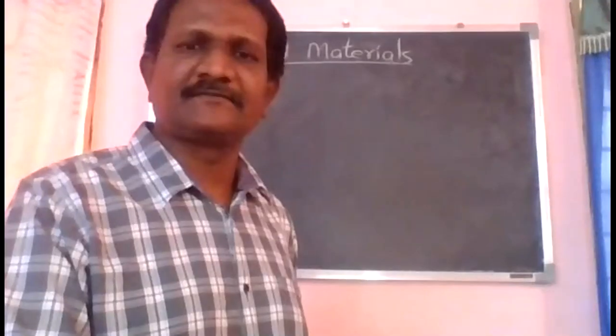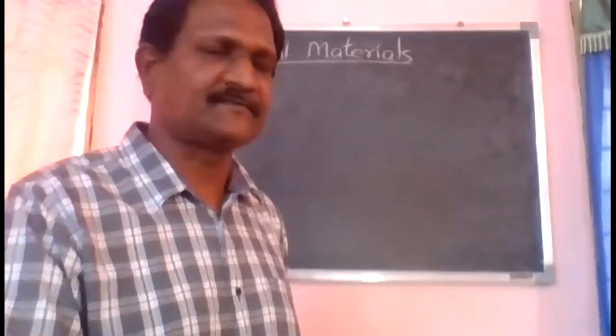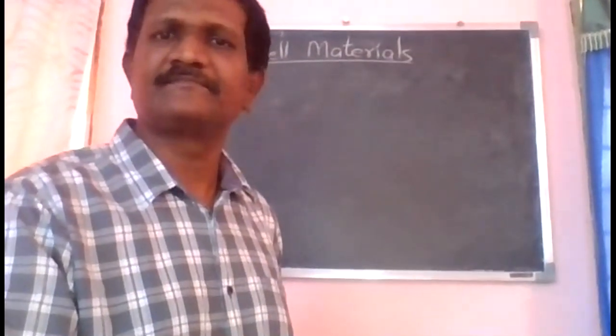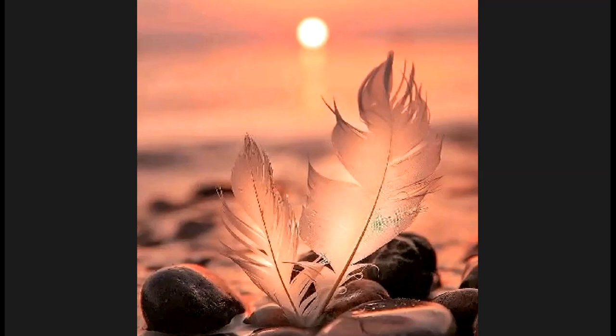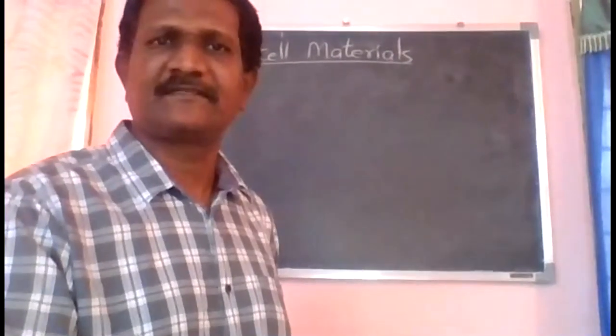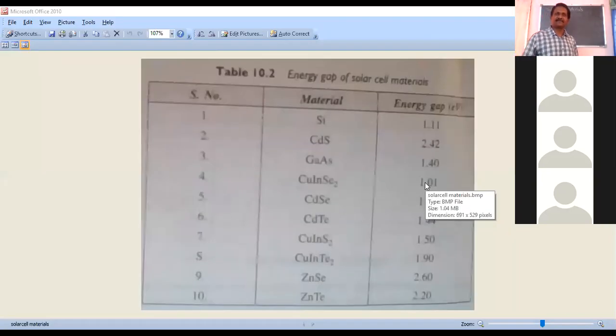Okay, I'll share one of the material and I'll be talking about that. Can all of you see the material that is present here? Energy gap of solar cell materials. Yes, sir.